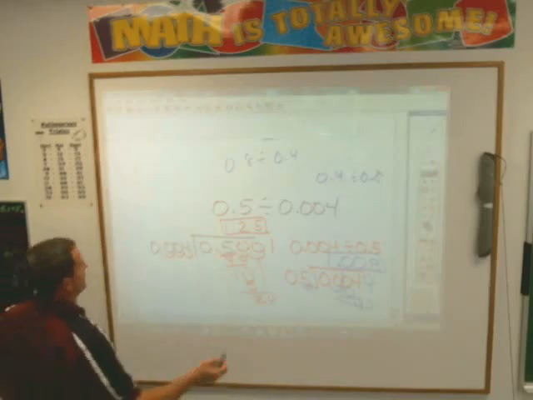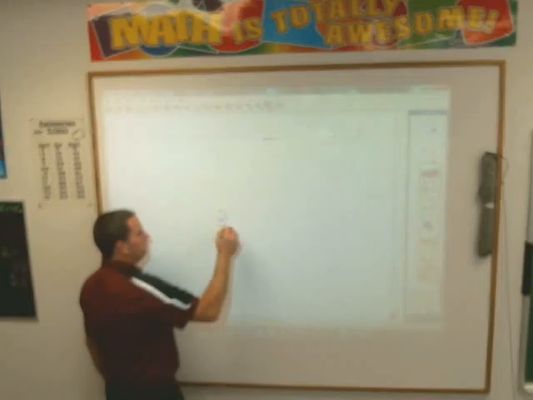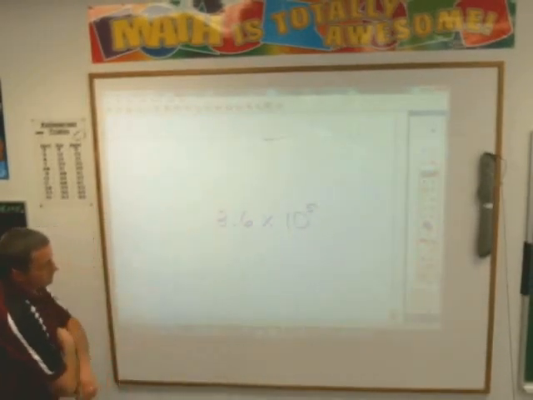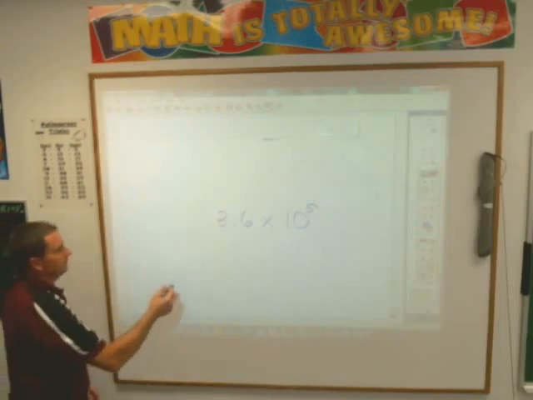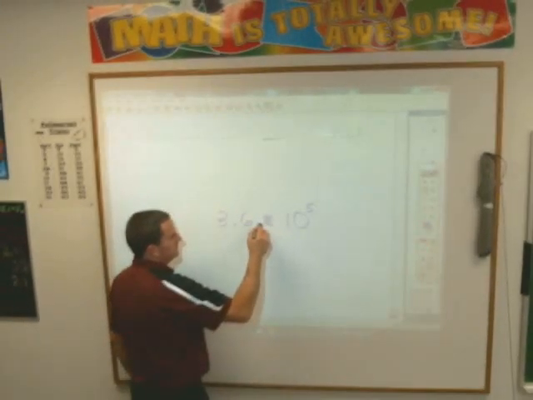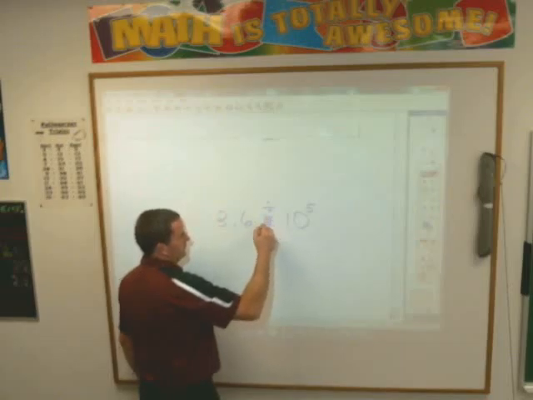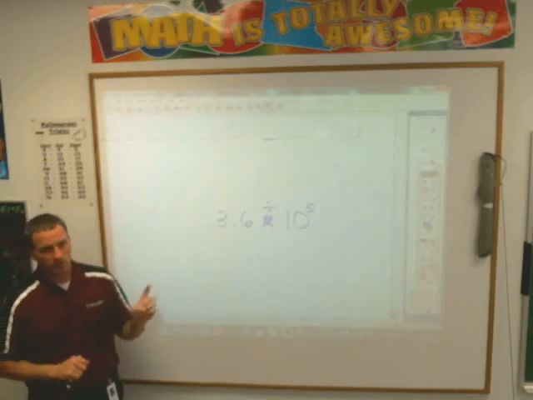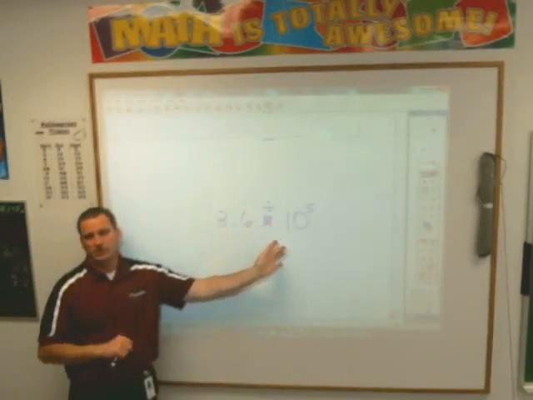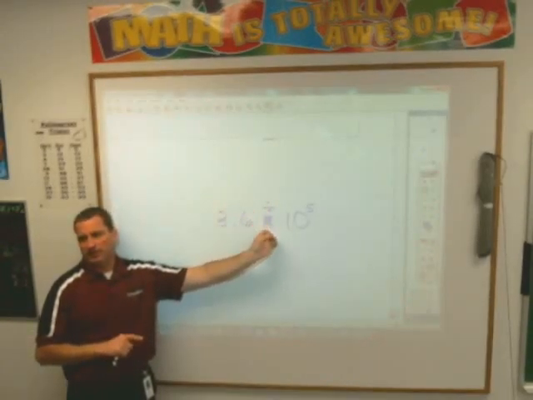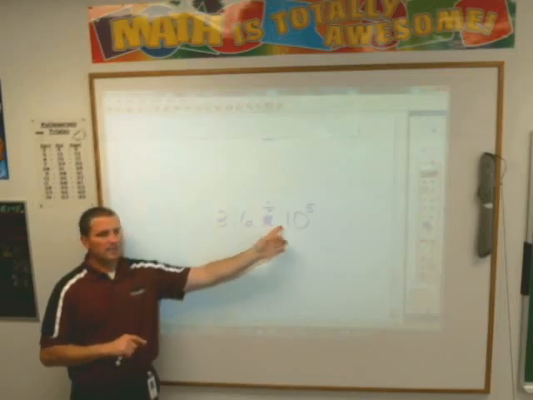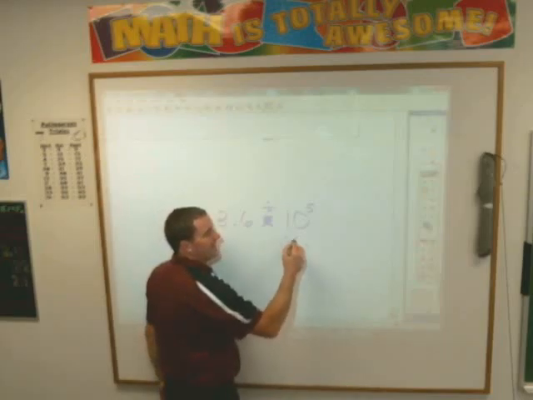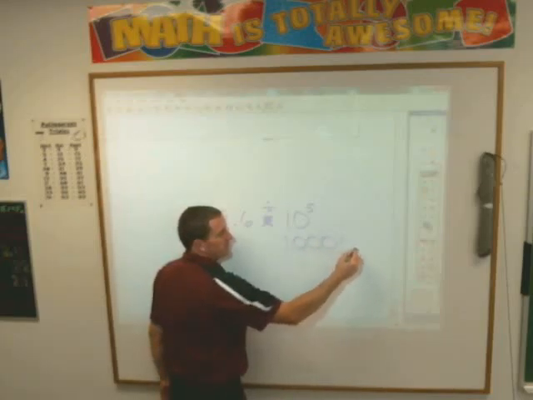And then one last one here on the division. What about 3.6 times 10 to the 5th power? No, I'm sorry, divided by it. We were on division here. Once again, children, when you see this one, you should smile because there is nothing easier than this. 10 to the 5th power is the same thing as 1 with 5 zeros after it.